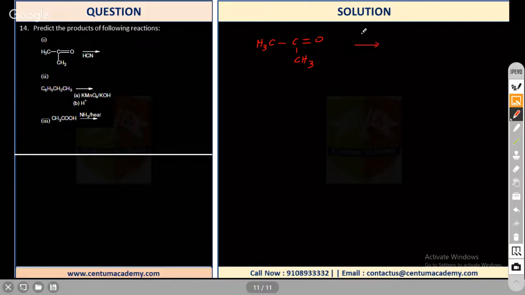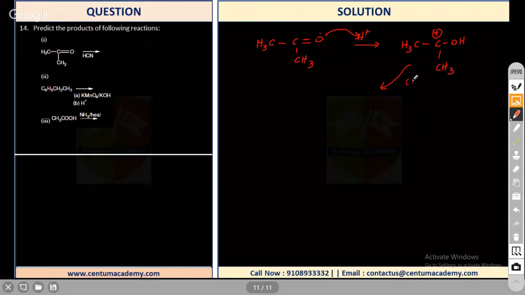It takes H plus from HCN, and the lone pair here takes this H plus and forms H3C, COH, CH3 with a positive charge on this carbon.